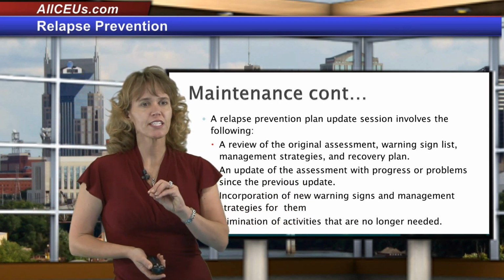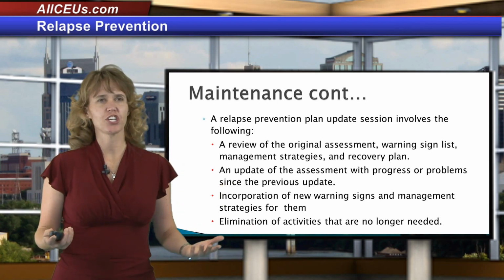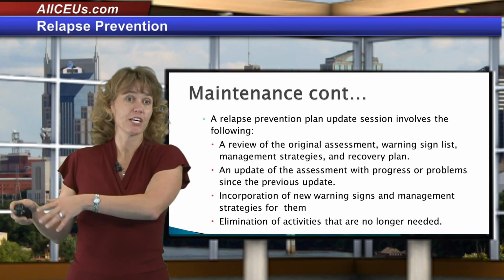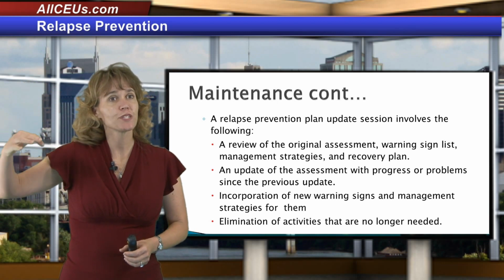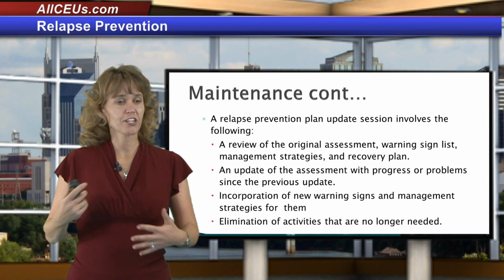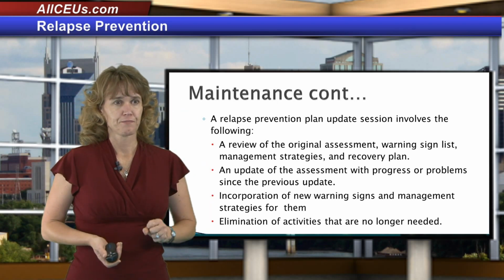Incorporation of the new warning signs and management strategies for them. So we've identified the changes, we've identified some new stumbling blocks, and we've identified a bunch of new management strategies. Now, you can use the same management strategy for multiple triggers, but again, for each trigger or warning sign, you need to have 3 options.